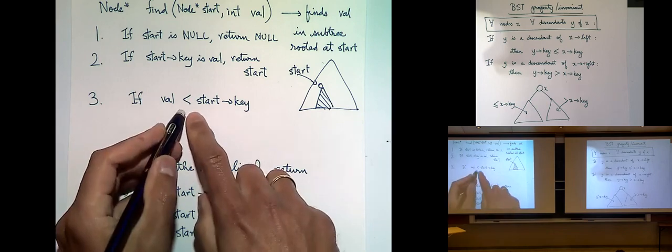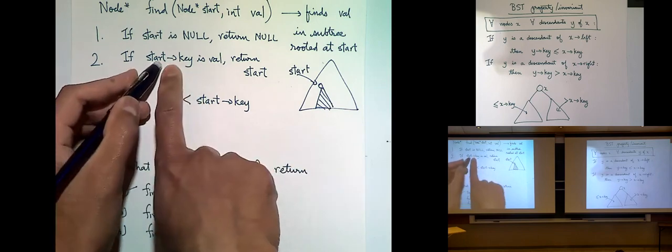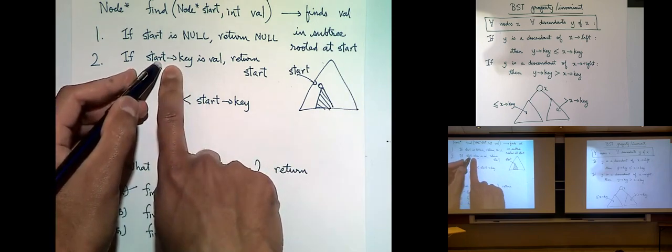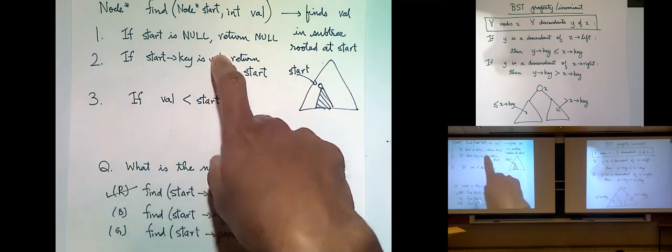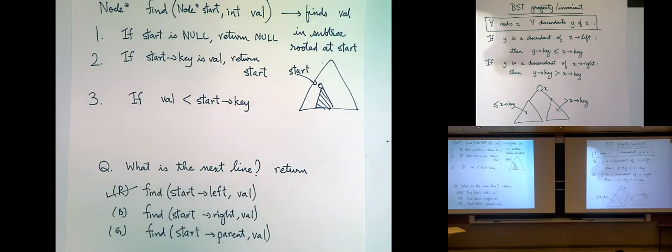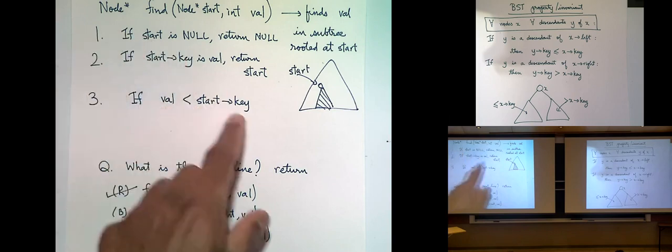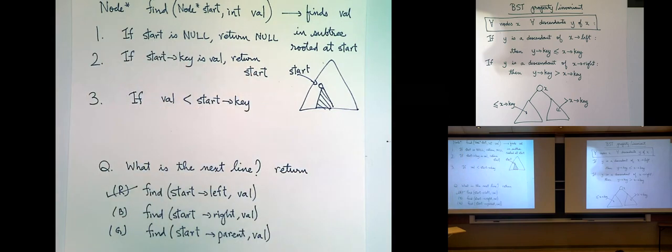And technically, if it was equal, then you already found a node. If val was equal to start arrow key, you're already done in the second step. So actually, you don't need to put the equal to sign there. If you wanted to find all of them, then you would maybe add them to a list. Is this clear?